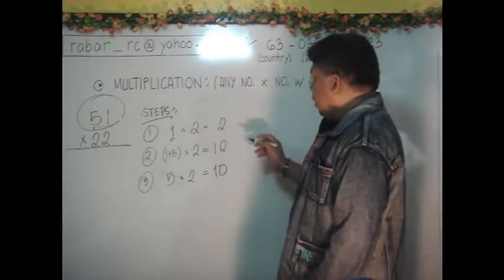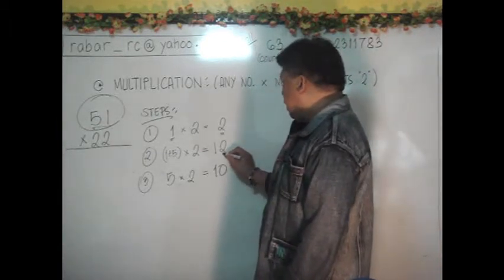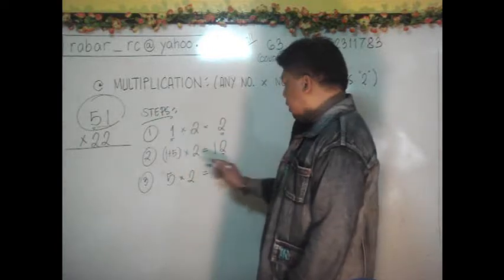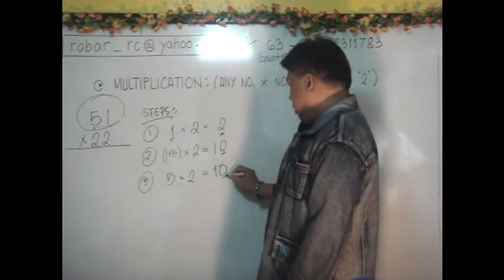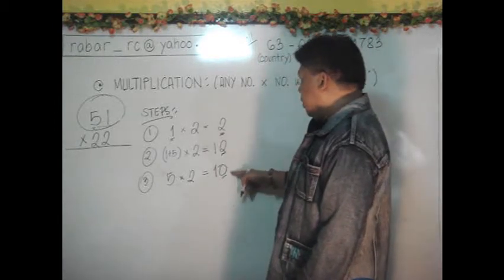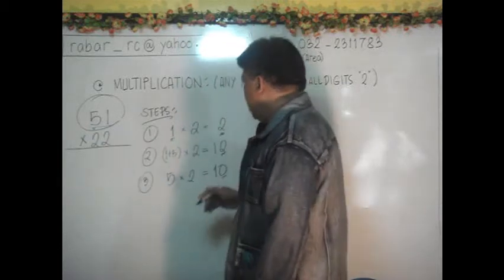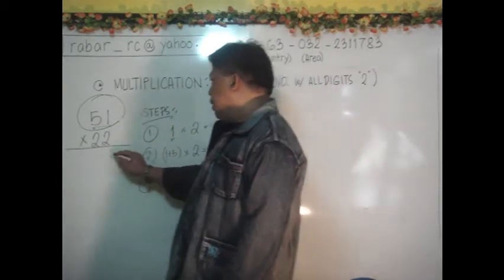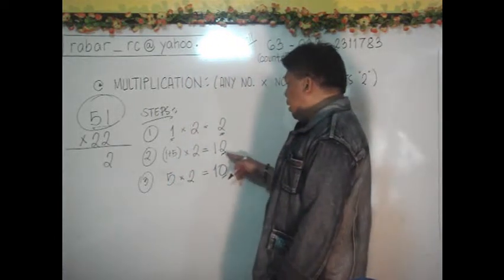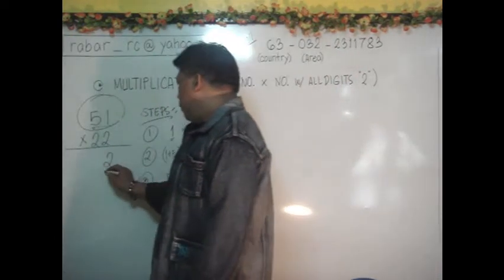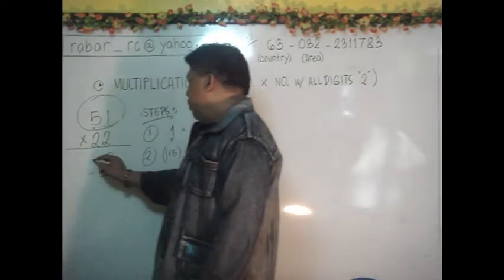Now, remember the digits we take as our effective answer are these last digits. So we have our 2 and 0. In other words, if you are going to multiply it directly, consider 2 here as our first digit. The next digit will be another 2. Since the answer is 12, then we have here 2.